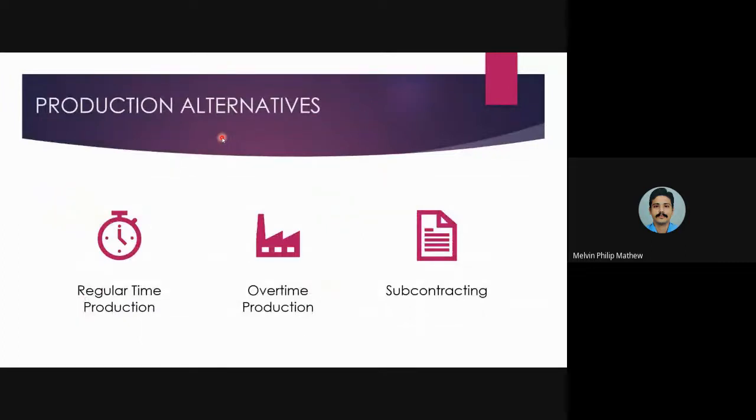Then three terms come under production alternatives. The first one is regular time production, then comes overtime production, and then subcontracting. So what is regular time production? Regular time production is the production that we have been discussing during this entire module.